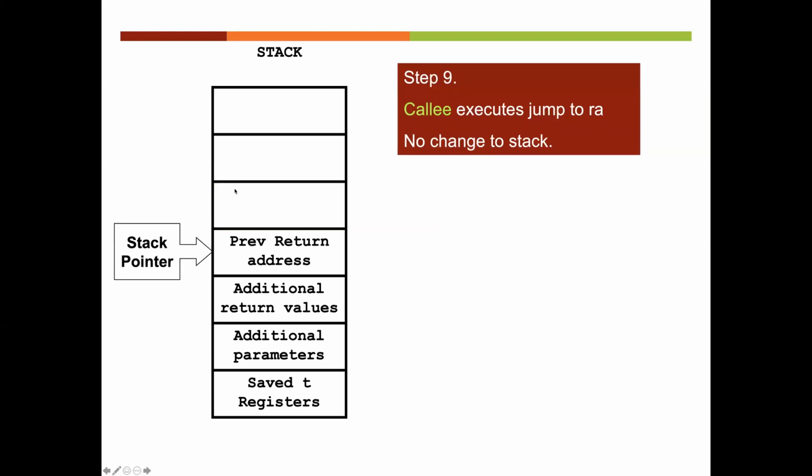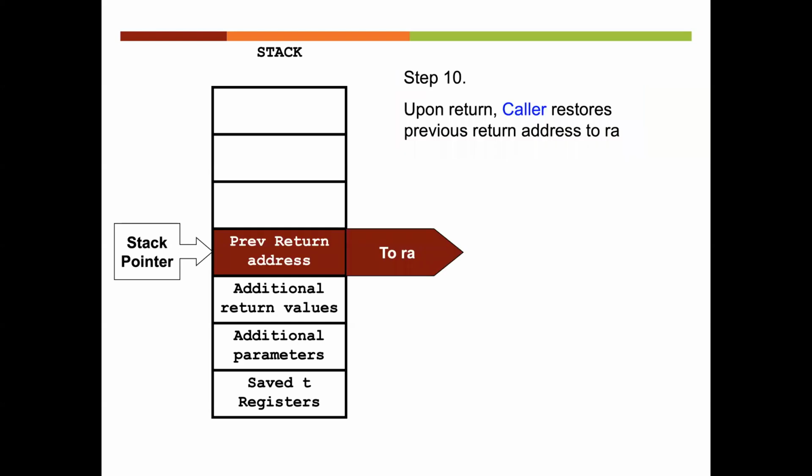As things continue, our caller then needs to restore the previous return address, which results in our stack pointer being decremented again. And next, we'll need to return additional values to RA.